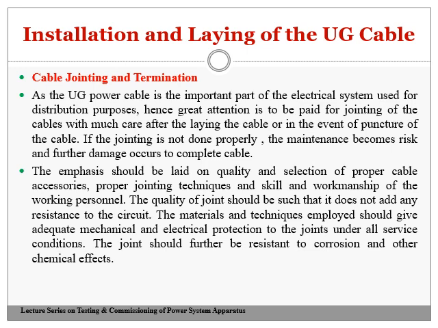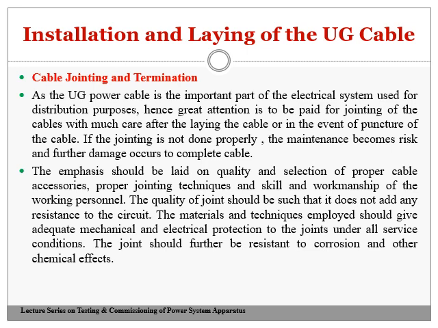When you add additional resistance, automatically the losses will be more, and at the receiving end you may not get the proper voltage level, and automatically the regulation will be much higher. The materials and techniques employed should give adequate mechanical and electrical protection to the joints. It has to provide mechanical as well as electrical protection to the complete cable.